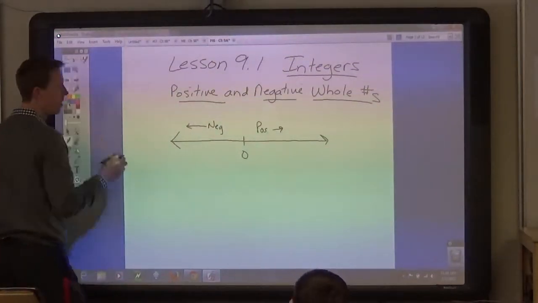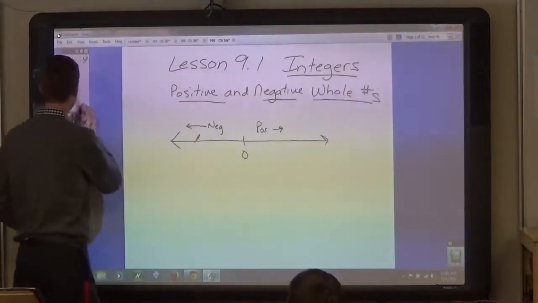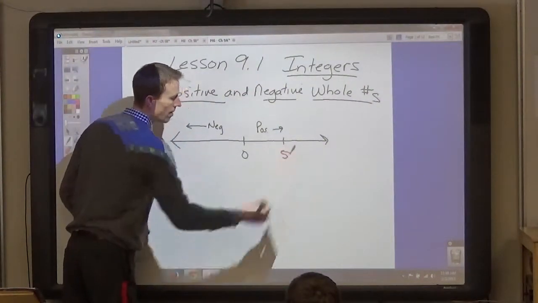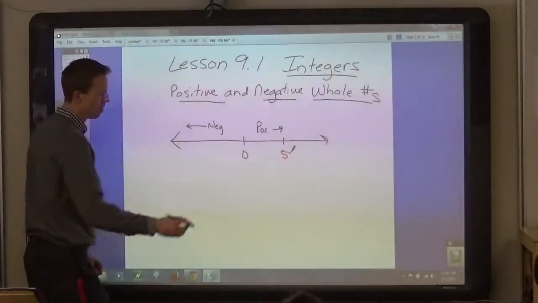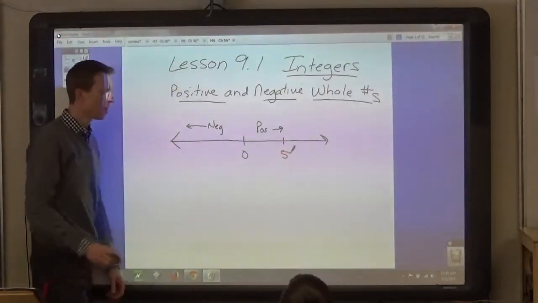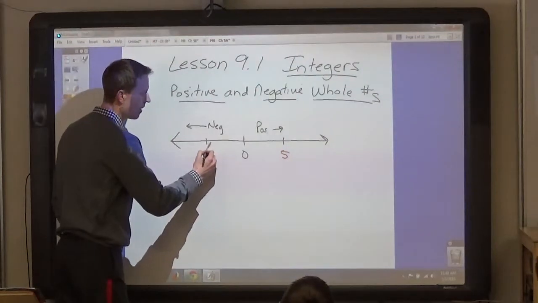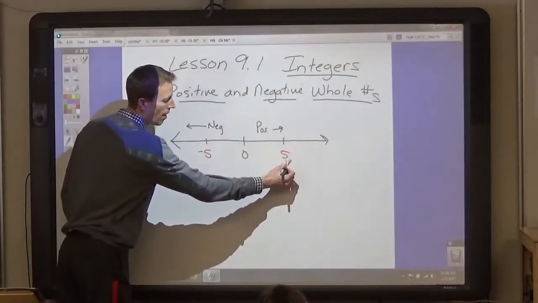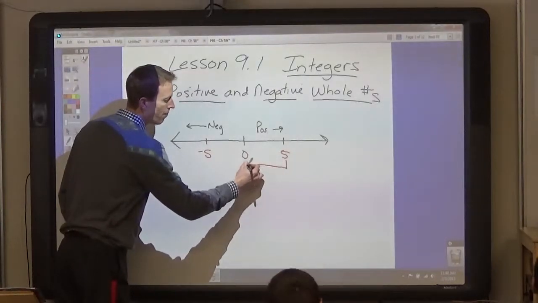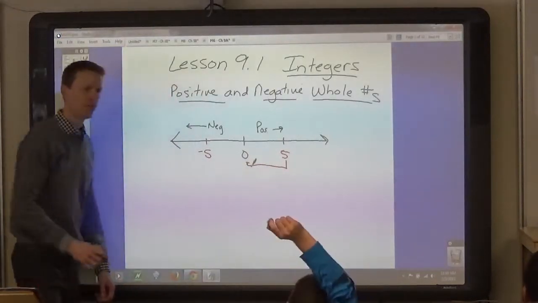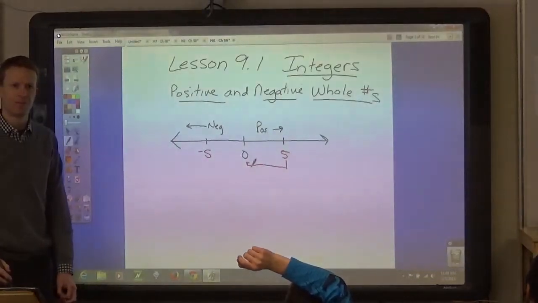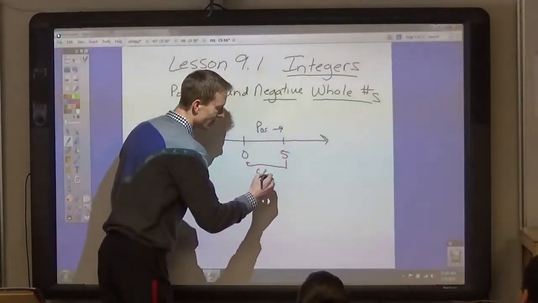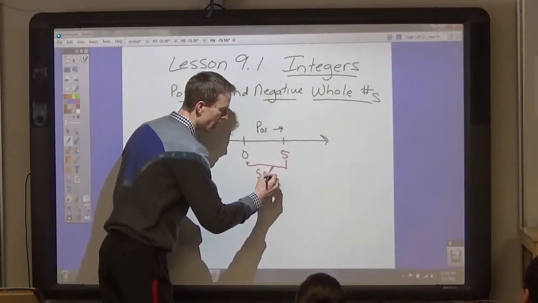Then, there's another concept. Let's say that we're talking about numbers over here, like the number 5, and then a number over here, like -5. How far is it from 5 to 0? 5 spaces, we'll call them.